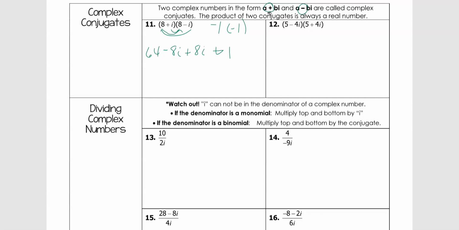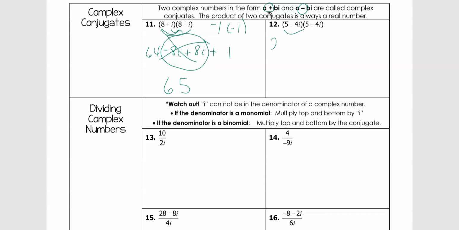If you're wondering where I got the original negative 1, it's because of the negative in the second term. So negative 8i plus 8i cancels each other out, and we end up with 64 plus 1, which is 65. Easy enough. All right, let's do the next one.